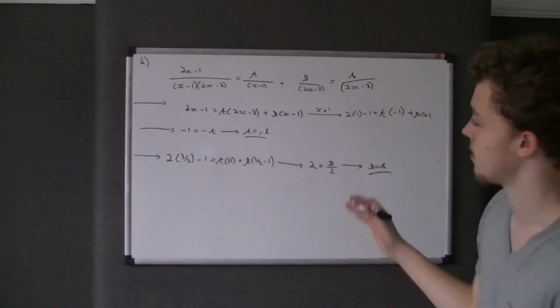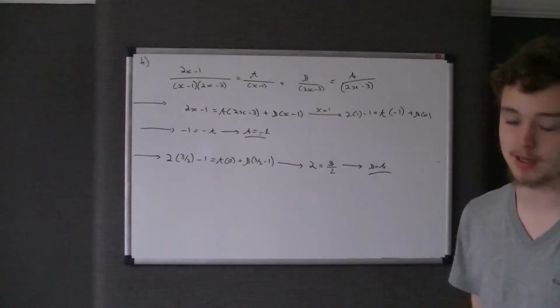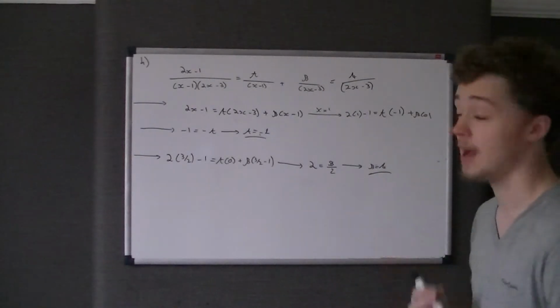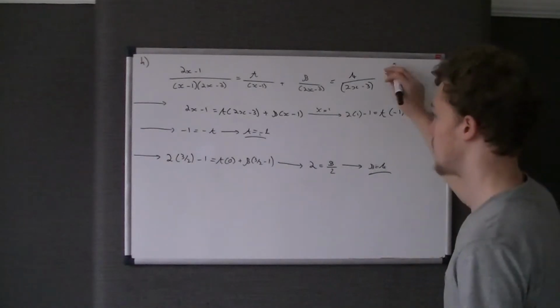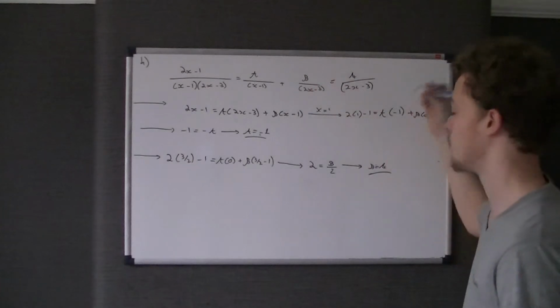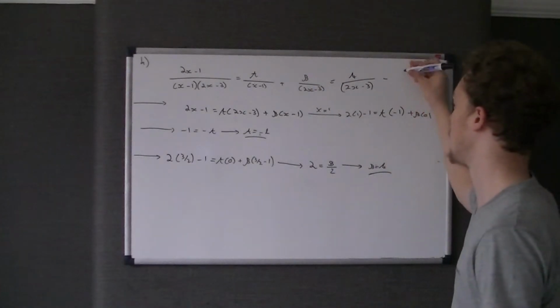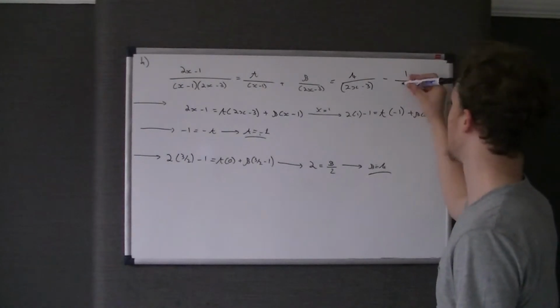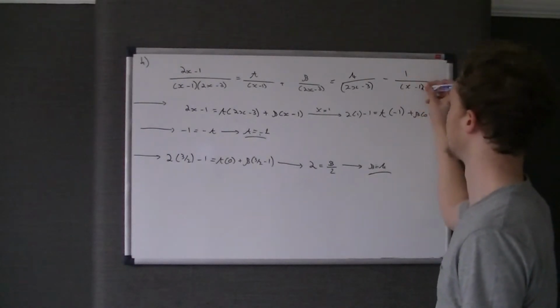It doesn't matter which way round you put the factors, it just happened that I chose a to be above x take 1, okay? But you might have chosen that to be b, but as I said, it's up to you. So 4 over 2x take 3, take 1 over x take 1.